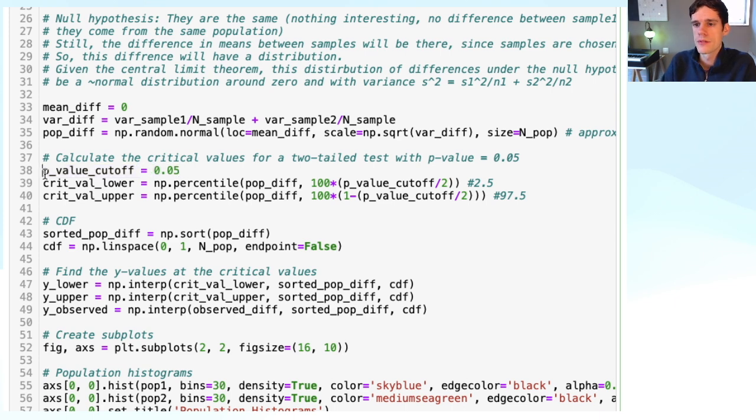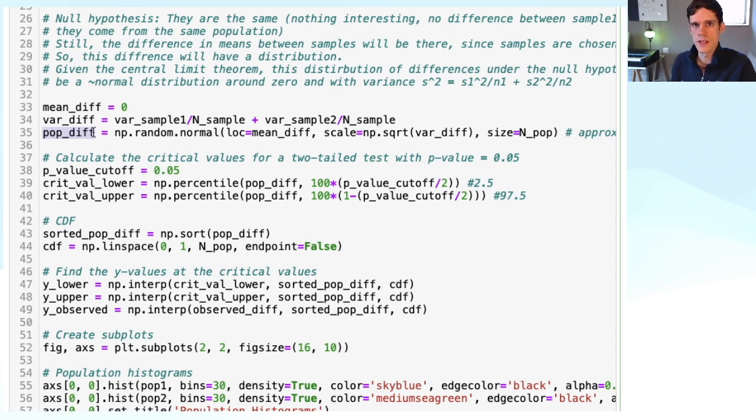So now that we have determined our statistical significance level, namely a p-value cutoff of 0.05, we want to find the corresponding values in the underlying distribution of sample differences, because we want to be able to determine whether our observed sample difference of means falls within the 5% most extreme values of this distribution.